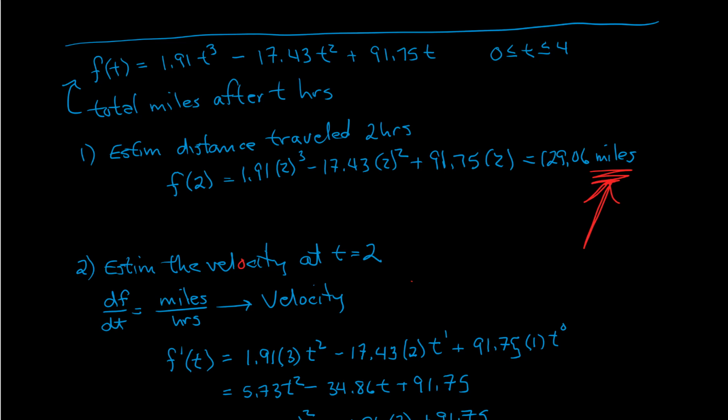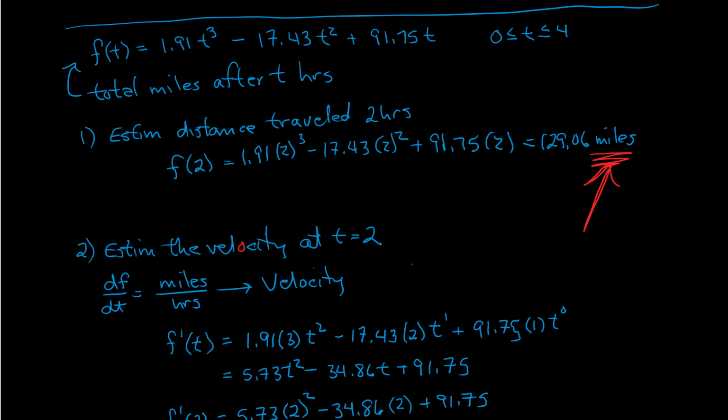Okay, a second question that can be answered is, suppose you're asked to estimate the velocity, the speed of the car at 2 hours. Now, remember here, speed is measured, like on your speedometer, in miles per hour. If we look at taking the derivative of this function, df dt, remember it's not dx because the variable in this case is t.